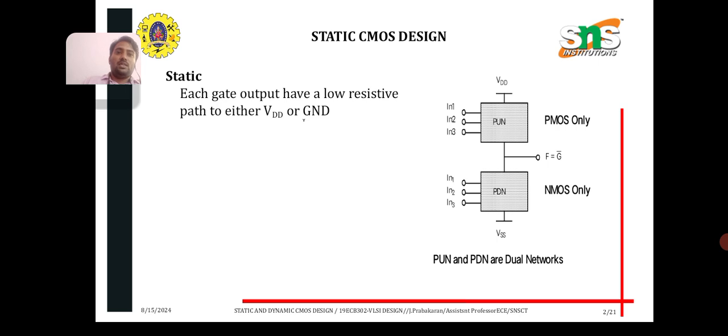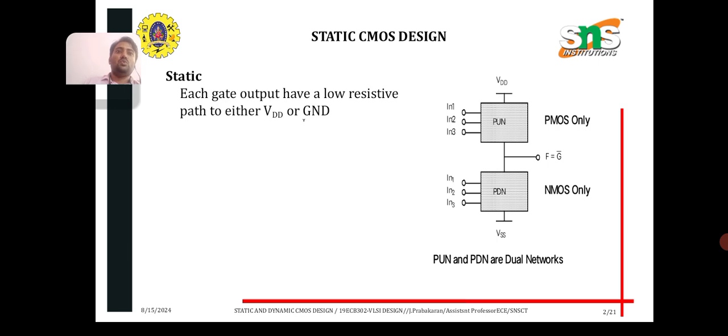PMOS is the pull-up network, and NMOS is the pull-down network. The input is connected to the gate terminals of both transistors, and the output is taken from the drain terminals of these two transistors. The source of the pull-up network is connected to VDD, and the source of the pull-down network is connected to VSS.